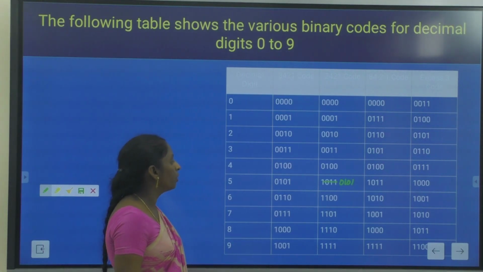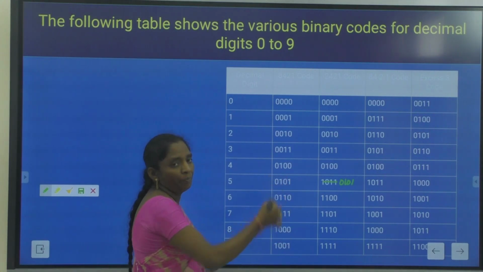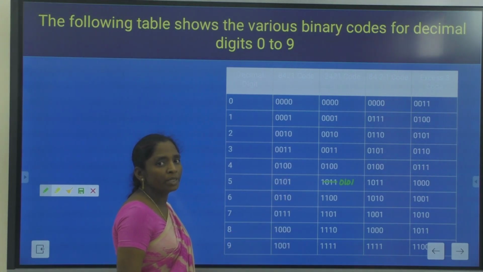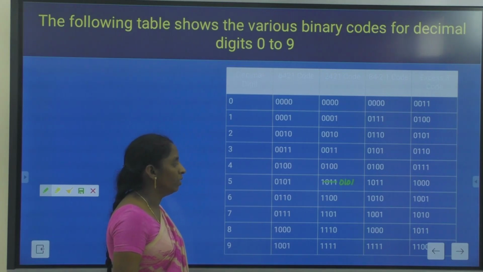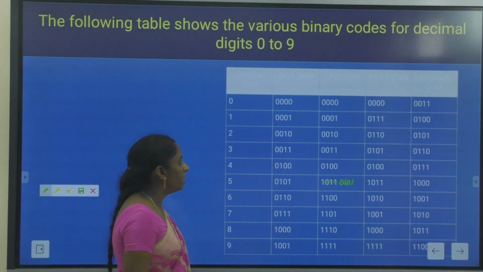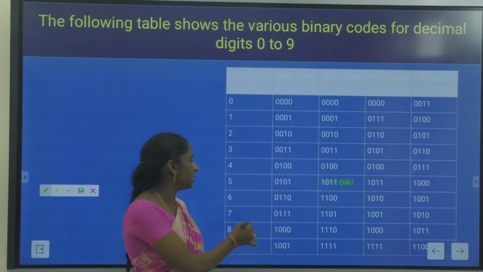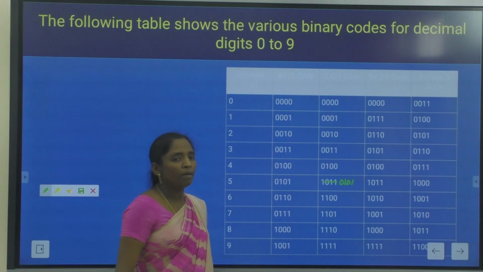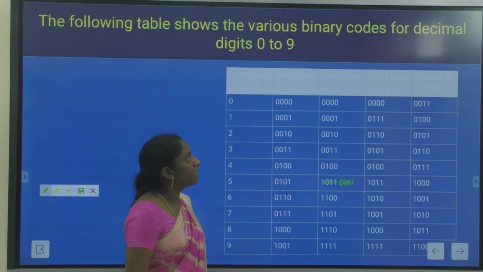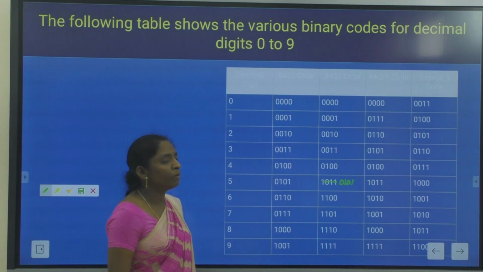After that, to represent 6, the MSB and the next position are ones and the remaining are zeros. So to represent 6 in the 2421 code, 1100. To represent 7, it is 2 plus 4 plus 1, that is 1101.